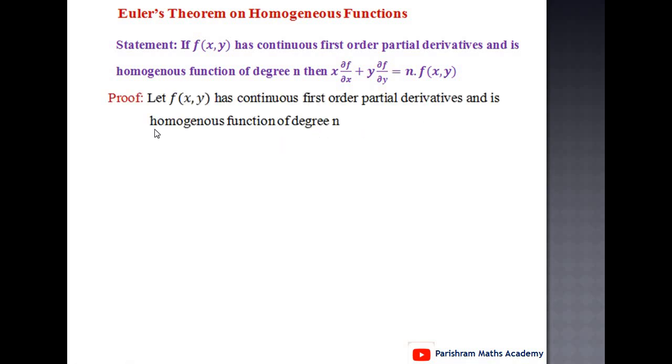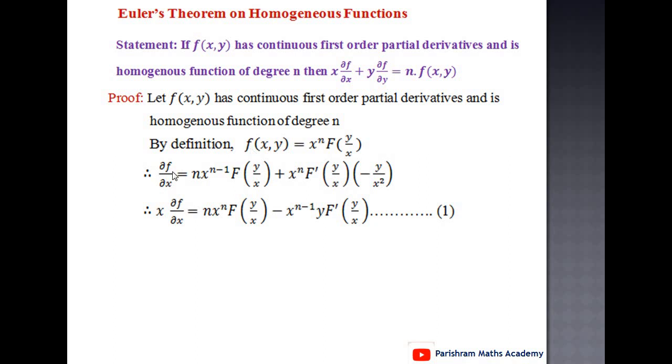Proof. Let f of (x, y) have continuous first order partial derivatives and be a homogeneous function of degree n. Now f is a homogeneous function of degree n, therefore by the definition of homogeneous function, f of (x, y) equals x raised to n into capital F of (y upon x), and therefore take the derivative of function f with respect to x, it means partial f by partial x equals the derivative of the right hand side.